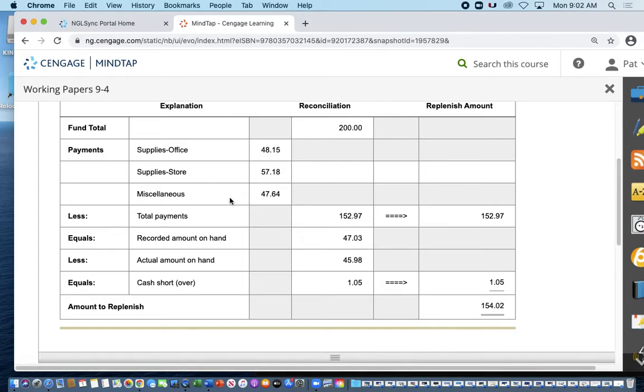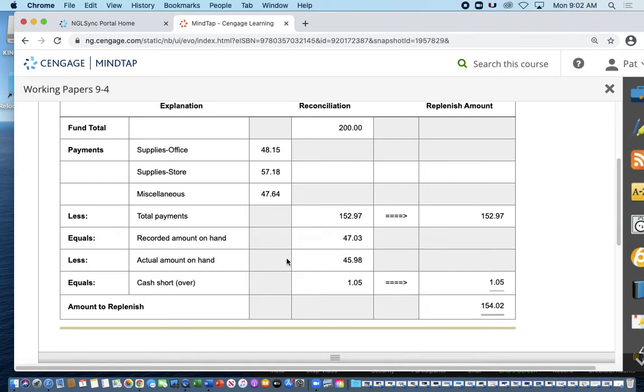Okay. Then down here, so that's going to be that much. If it was all equal, then that would be all we do. But the cash drawer is always off somehow. We are short $1.05. How do you know you're short? Because if it was over, it would be a negative number in parentheses here. We're supposed to have 47.03. 200 minus 152.97.